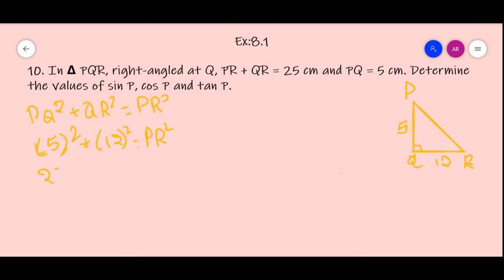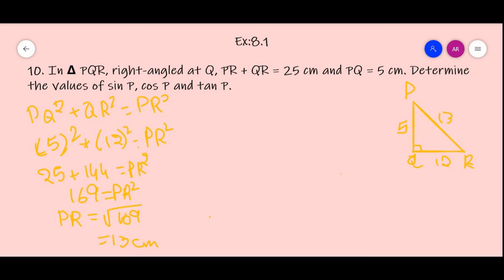So 5 square is 25, 12 square is 144, and then 25 plus 144 is 169, so it is PR square. So if you want to get the value of PR, it's going to become PR is equal to root of 169, and then PR will come out to be 13 centimeters. So we have got 13 centimeters. Let's just substitute and update our triangle.